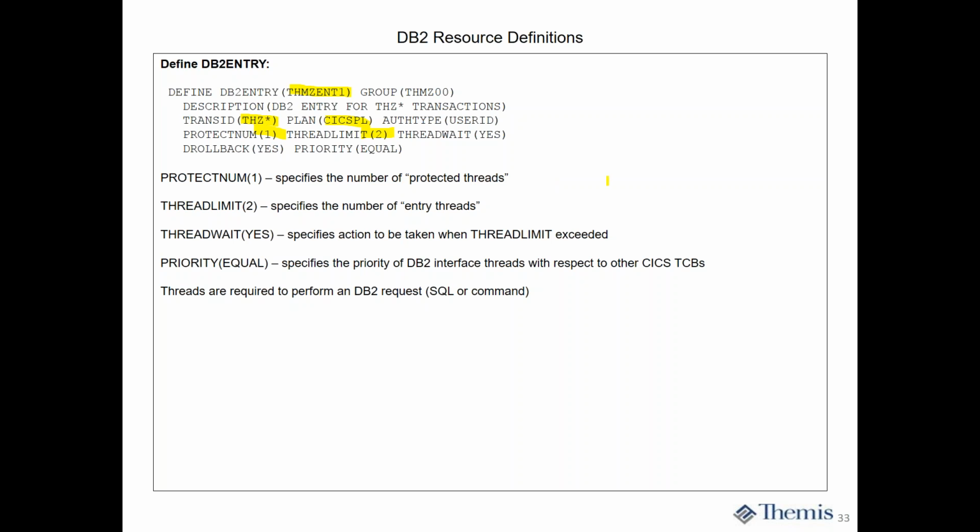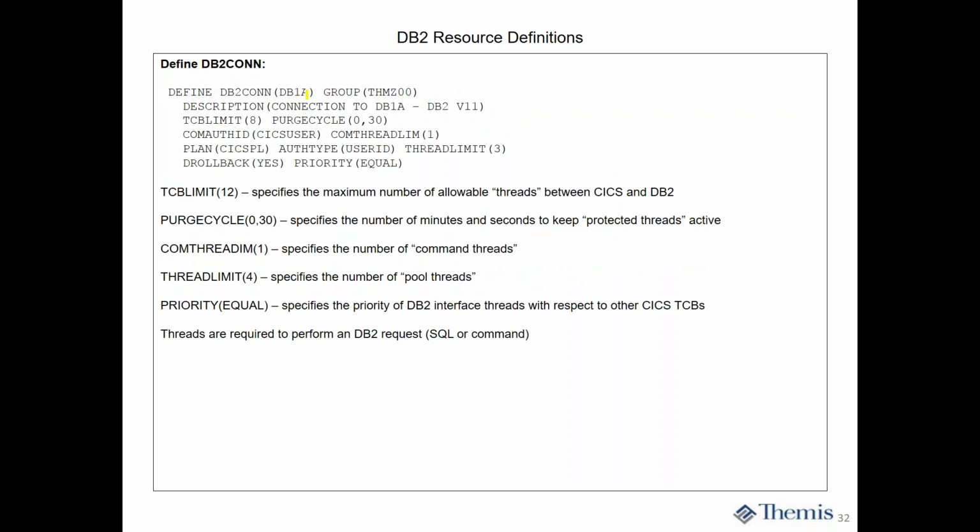So basically that, now notice this would be 2. So 4 between the command and pool, 2 here. So I could have another entry that would have 2 threads, right, before I hit the limit of 8. Now, I've got to caution you. I can have DB2 entries that add up greater than the TCB limit. Let me back up.